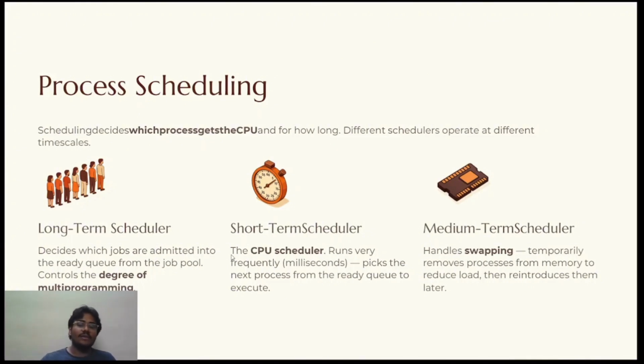The medium term temporarily removes processes from memory, which you can call swapping, to reduce load and reintroduces them later. Think of it like this: college admission is long term, the class teacher is short term, and seating arrangement is medium term. Each plays a different role in managing the system.